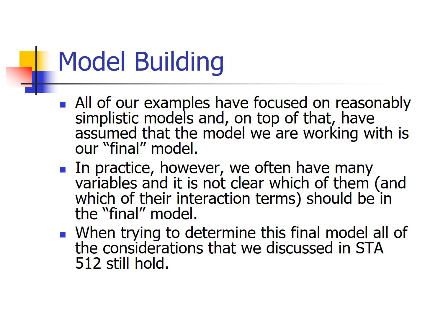I've focused on these pretty simple models and just assumed that maybe this is the final model that we're tweaking or exploring. But in reality, in practice, we've already seen examples, particularly in 512 and perhaps in a future take-home test, that we often have many variables, and in that case it's not clear which of them, as well as interaction terms or polynomial terms, should be included in our quote final model.